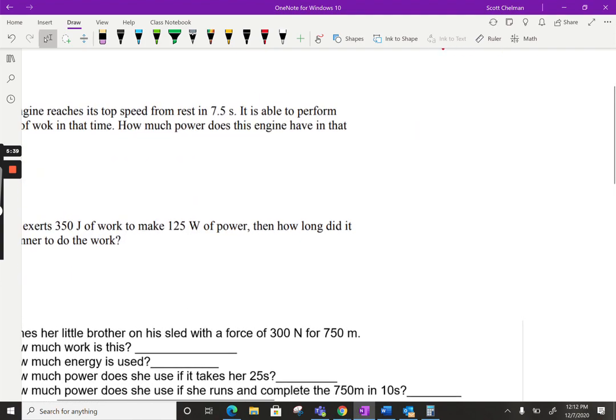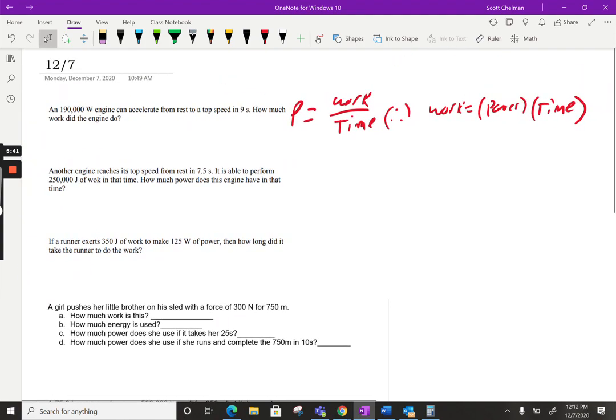So, what we can do then is do 190,000 watts multiplied by 9 seconds.